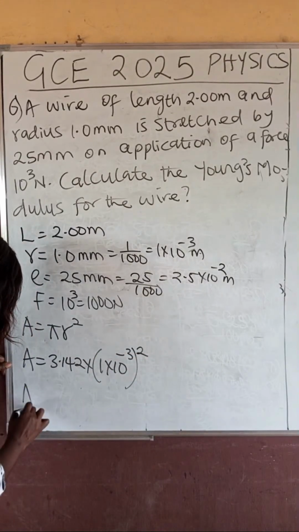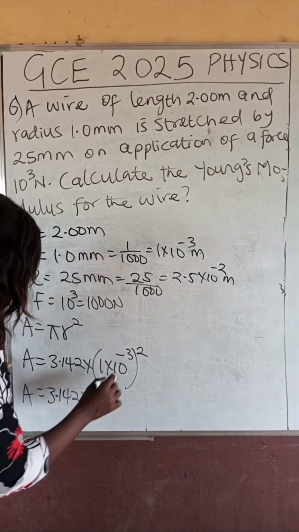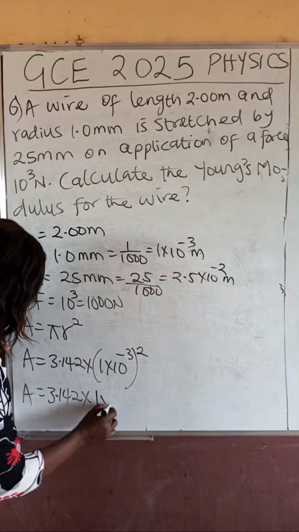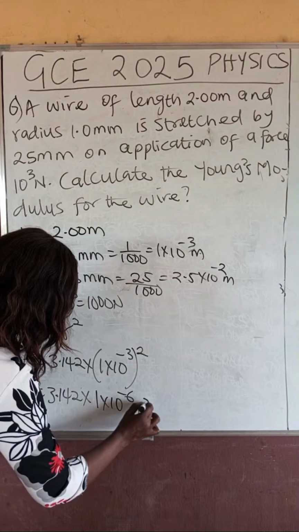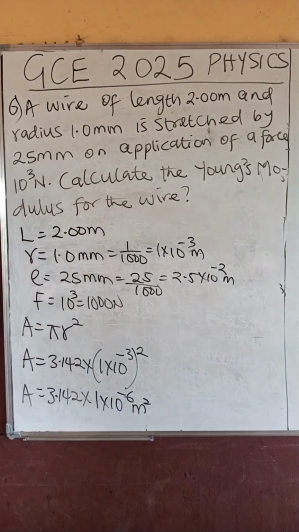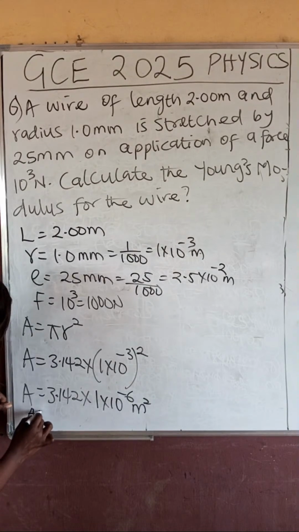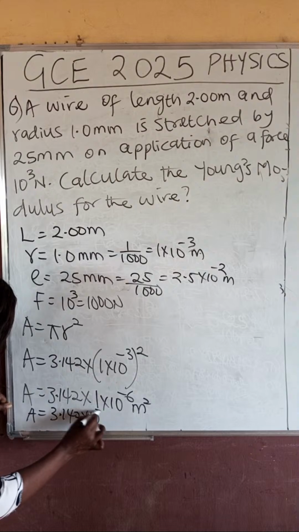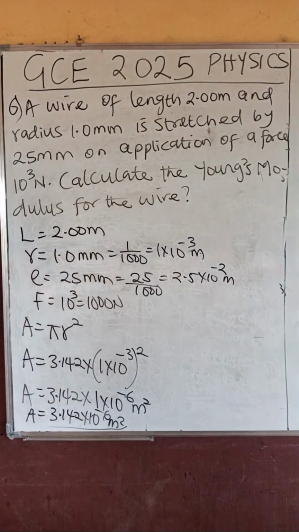So my area is 3.142 multiplied by, when you square it, 1 times 10 raised to the power minus 6, which becomes meter squared. So my area is 3.142 times 10 raised to the power minus 6 meters squared. Is it clear? I hope you can see it clearly.